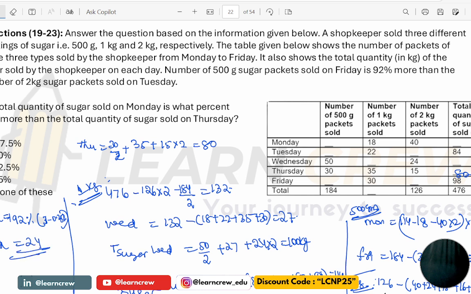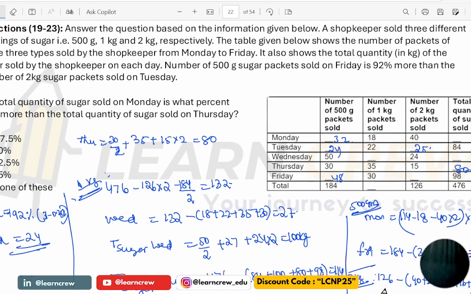So thereby the number of 500 gram sugar packets on Tuesday would be 24. And the number of 500 gram packets on Friday would be 72 minus 24, which is 48. Number of 2 kg sugar packets sold on Tuesday would be 25. Okay, and this is 32.